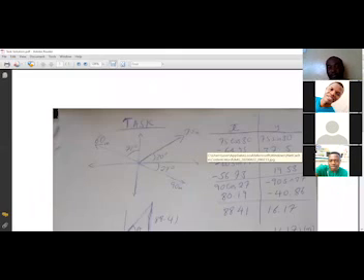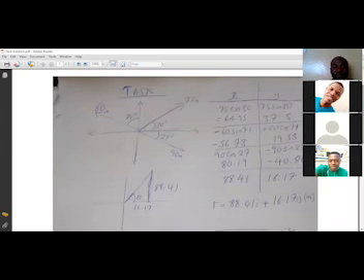So this is how you draw the vectors. The first one, we said, was 75 meters, 30 degrees north of east. Remember, this is the north, south, east, west.